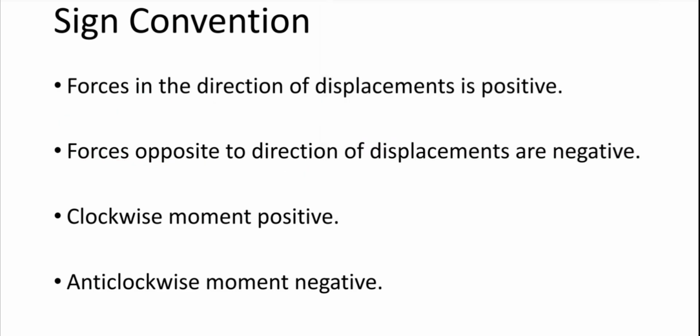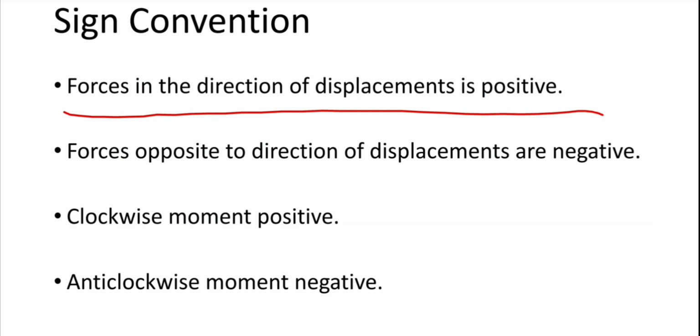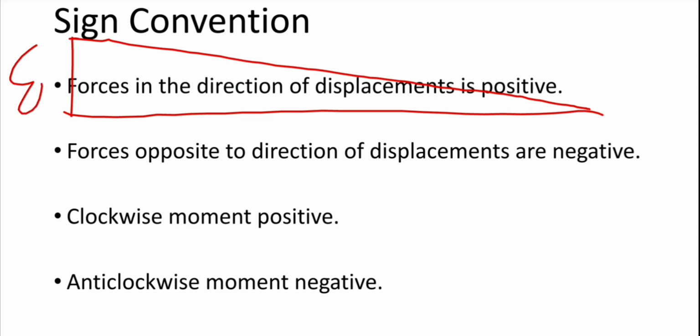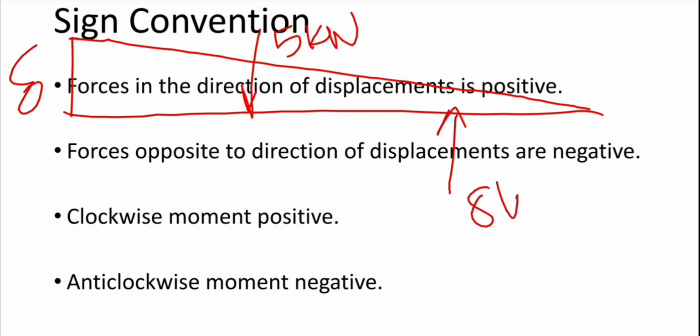Okay, so let's assume that this is a beam. It has a displacement of something, delta. Somewhere there is a force of 5 kilonewton acting, and somewhere there is a force of 8 kilonewton acting, and the displacement is in the upward direction.